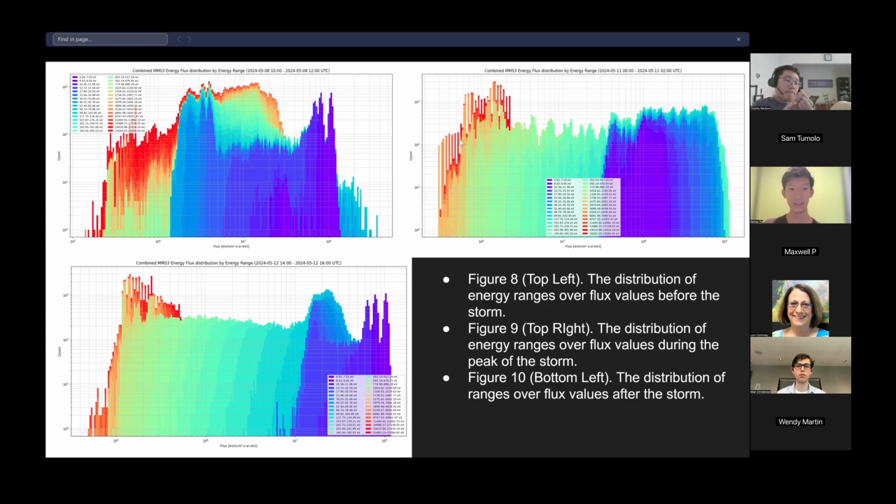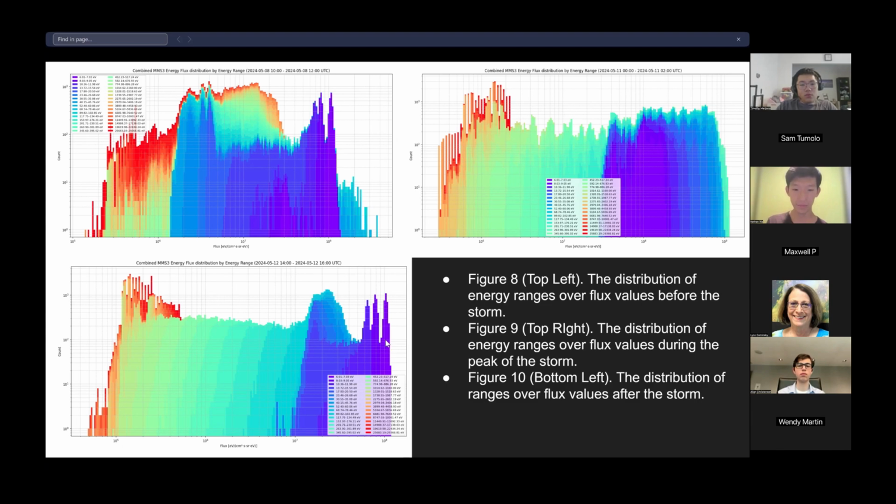And what I found is that there are generally higher activities regardless of flux, but there is more activity for the lowest and the highest possible energy ranges, and in between there is less activity going on. And this can be said for after the storm as well.